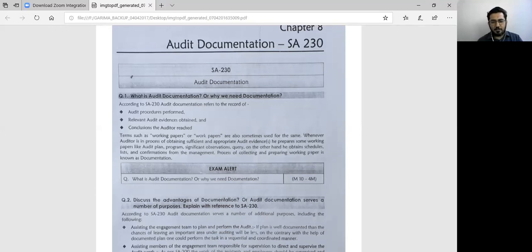Say for example, you are driving a car, all of you are driving a car, and a policeman stops you. He tells you, please show me your license.